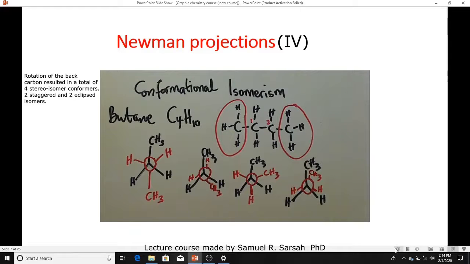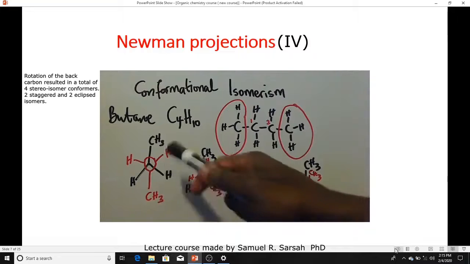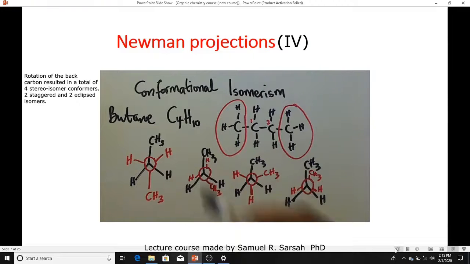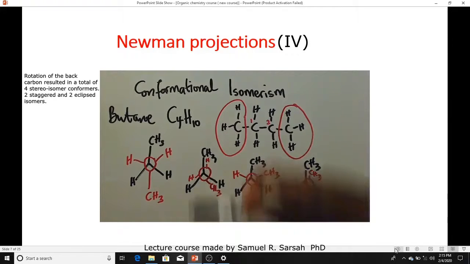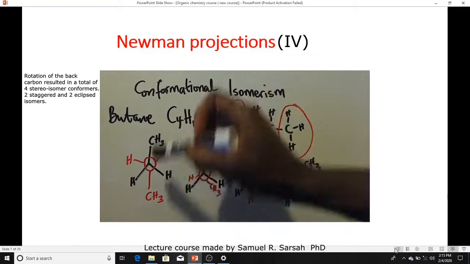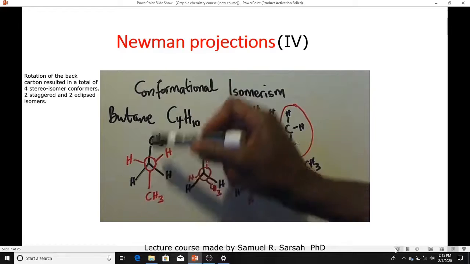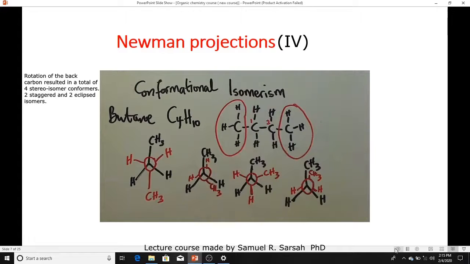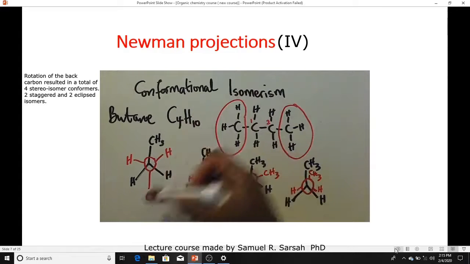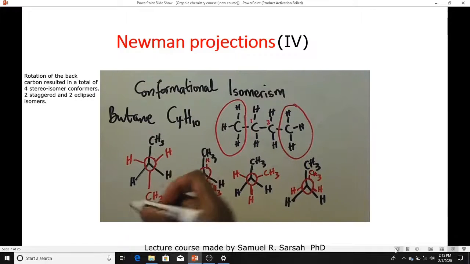and to examine these 4 conformational isomers of butane, I have to look at how the groups are positioned away from each other. Over here, the bulky groups, which are the methyl groups, are positioned 180 degrees from each other. So this, of course, is a staggered conformation.